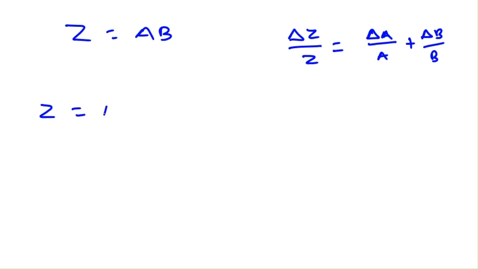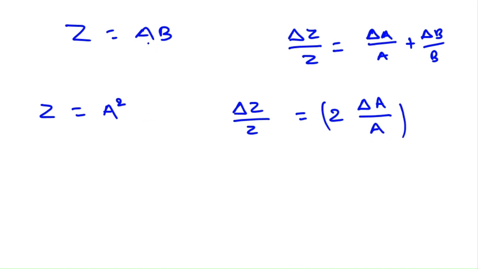If we want the propagation of errors for A square, the only thing we need to do is replace B by A, and then we get delta A by A plus delta A by A, which is 2 times delta A by A. So the relative error is propagated as twice delta A by A. Now, if we want A square into B, then after this there will be another delta B by B. And the same argument we can carry forward for C. Let's say Z equals A square B divided by C cube.